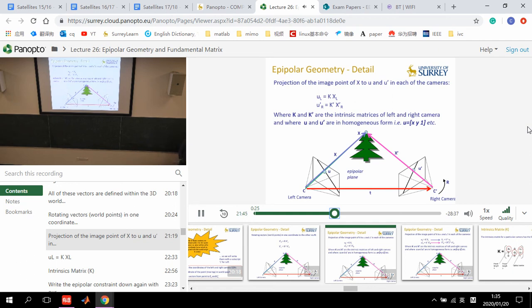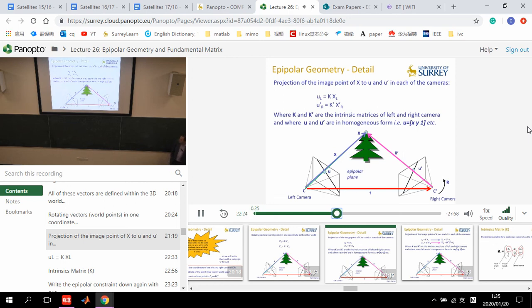So K here defines the intrinsics of my left-hand camera, and I can go from XL, the point defined in my left-hand frame, to UL, defined in my left-hand frame, by pre-multiplying by K. I can do the same in the right-hand frame by pre-multiplying by K prime to get U prime R, which is the image of that point in the right-hand view, defined with respect to the right-hand frame. Okay, and we're going to make this work.